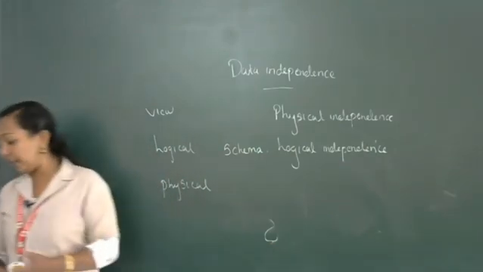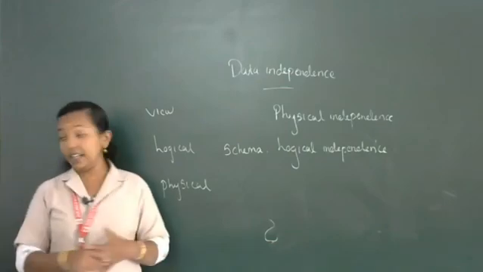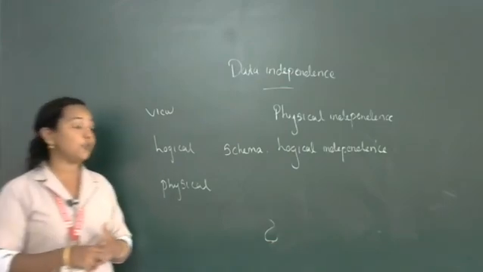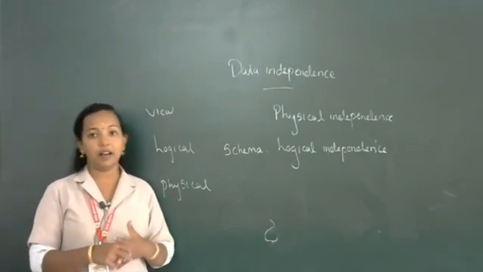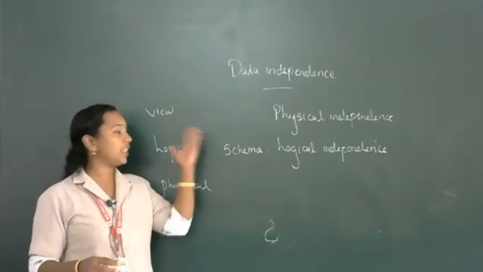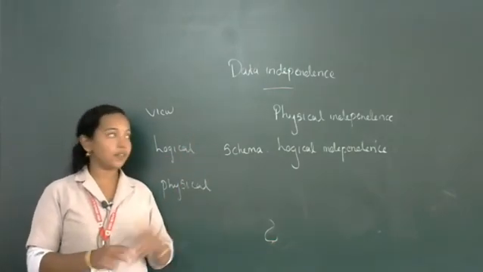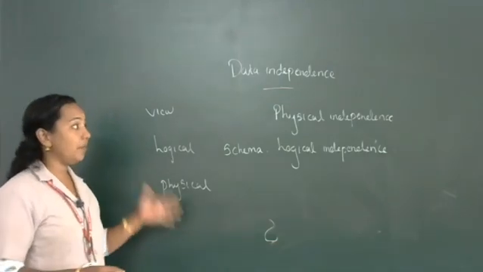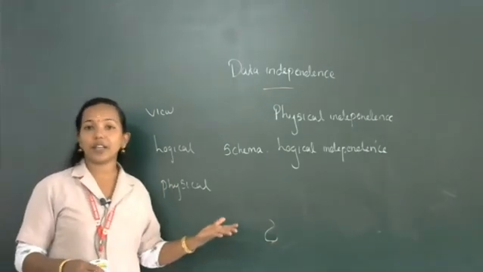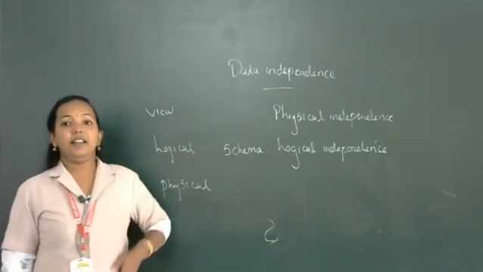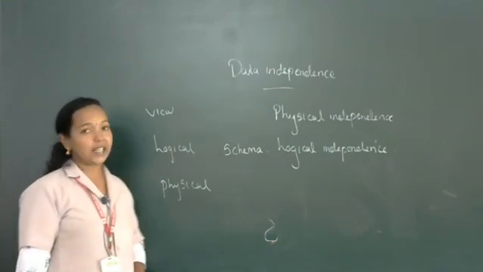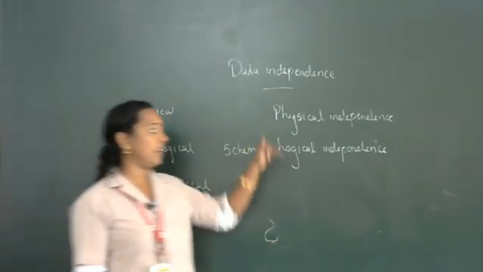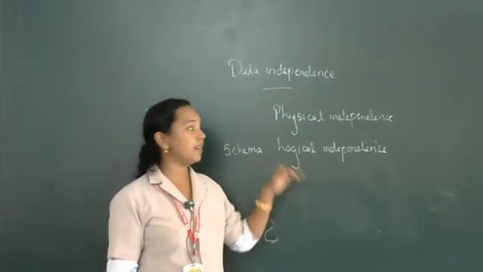Logical data independence refers to the ability to modify the conceptual schema without affecting the view level. And physical independence is the ability to modify the physical schema without affecting the logical level. So there are two types of independence available.